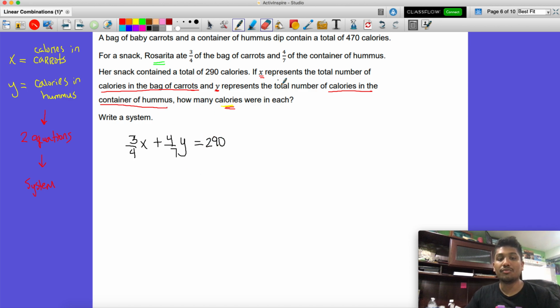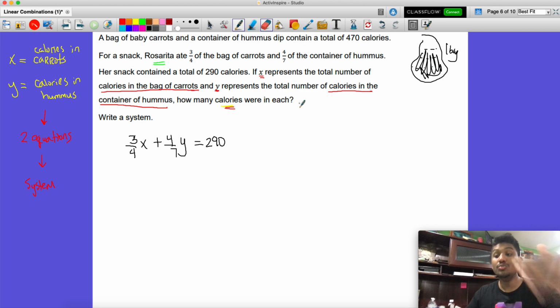Now 3/4 means she didn't eat a whole bag. If this is one bag, 3/4 might be the amount that she ate. That's not the whole thing, but we do know how much the whole thing is.